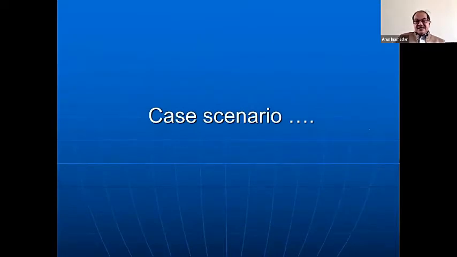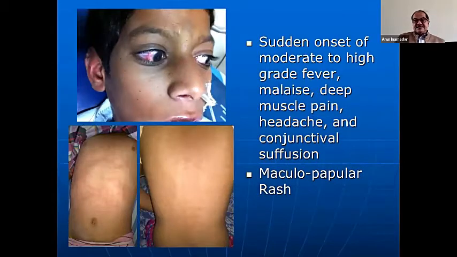Another case scenario by which we'll learn some more clinical clues and pearls is a child with sudden onset of moderate to high grade fever, malaise, deep muscle pain and headache, which is an important thing, and conjunctival suffusion, which you can see in the picture, and the maculopapular rash.